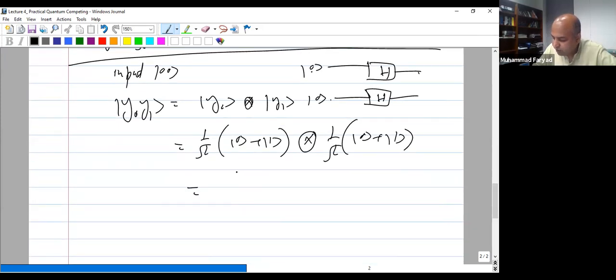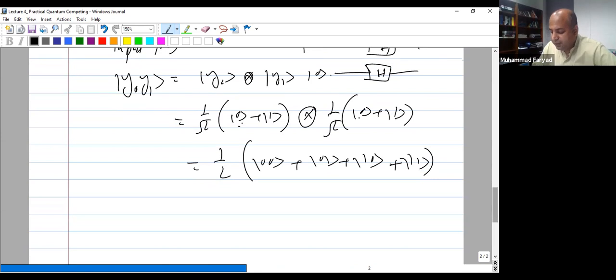So you can write it like this: 1 over 2, |00⟩ + |01⟩ + |10⟩ + |11⟩. So this output state of 2 Hadamard gates is this |00⟩, |01⟩, |10⟩, |11⟩.